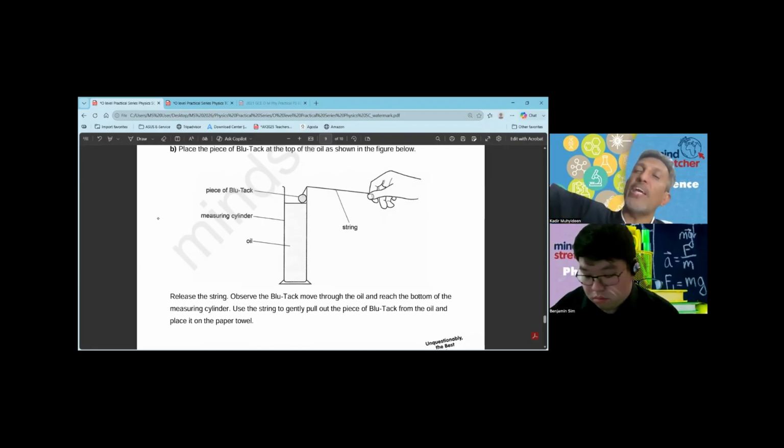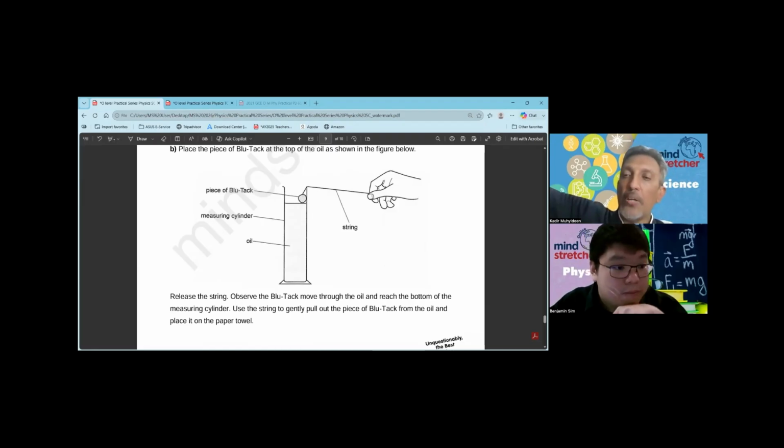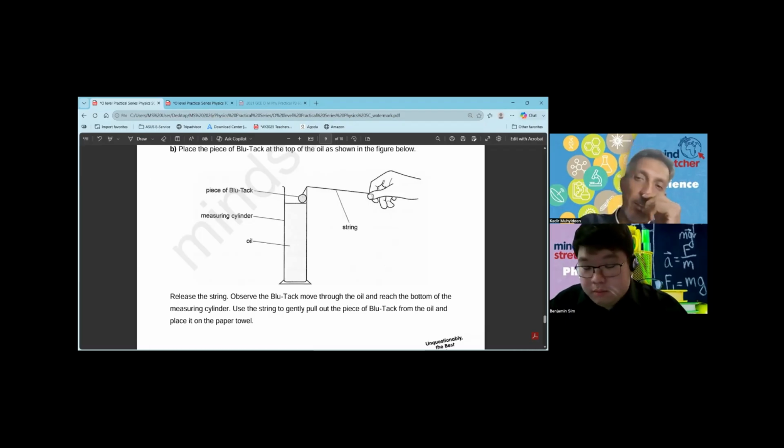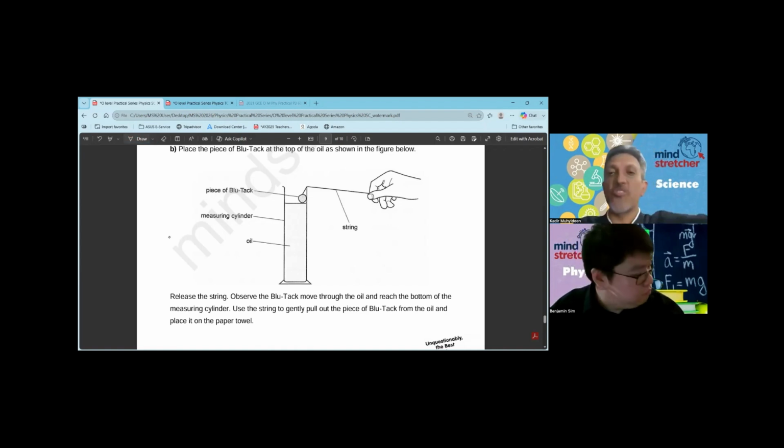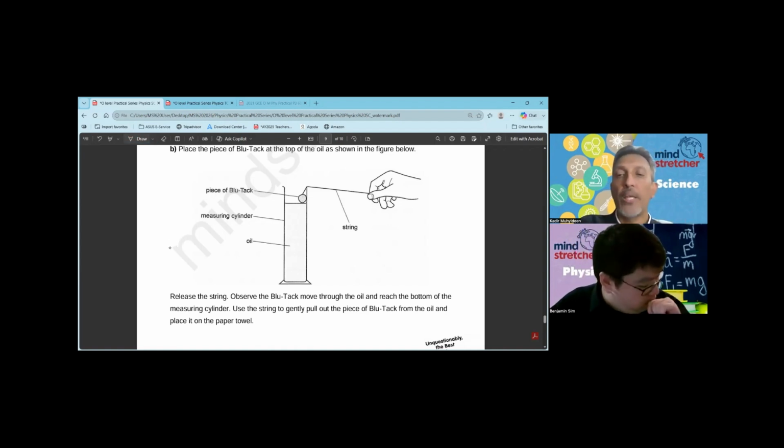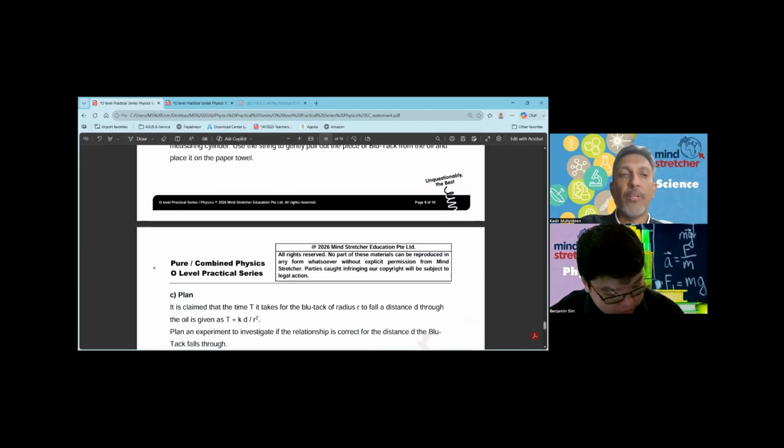Basically, you release the blue tack and it falls through the oil from the surface to the bottom of the cylinder. Then, using the string, you take it out and put it on the paper towel to remove whatever oil is stuck to it.